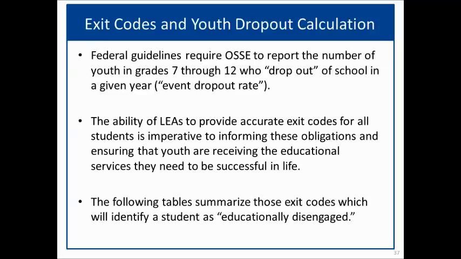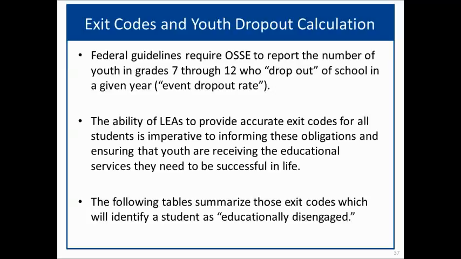Exit codes also impact OSSE's and DC's youth dropout calculation. Federal guidelines require that OSSE reports the number of youth in grades 7 through 12 who drop out of school in a particular school year.